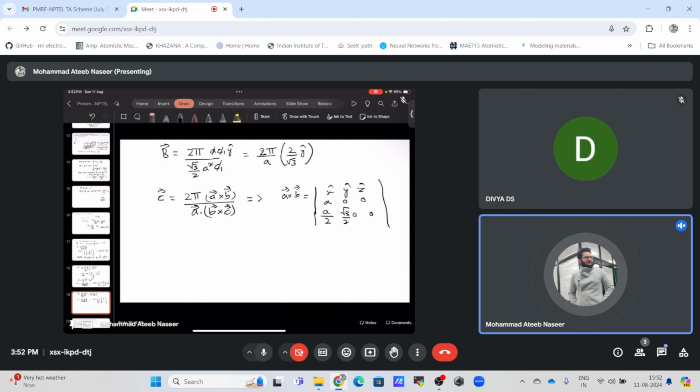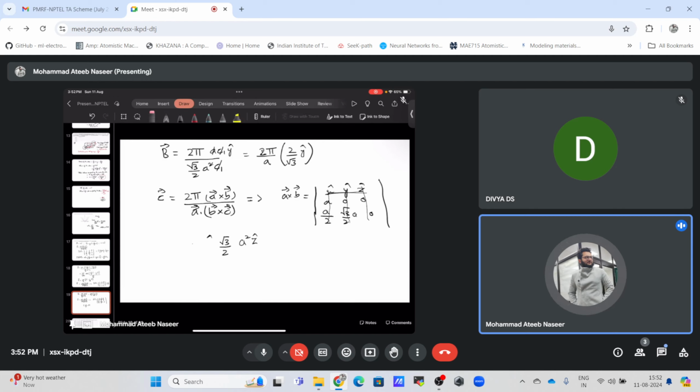It will simply be √3/2 a² ẑ, because when I do the other terms, this 0 into 0 is 0, and only when I do this will I have the component along z.